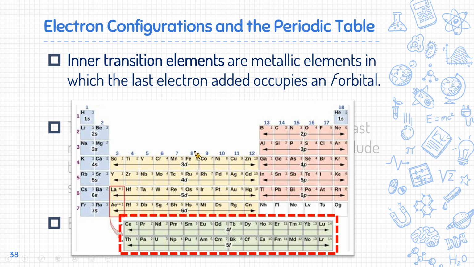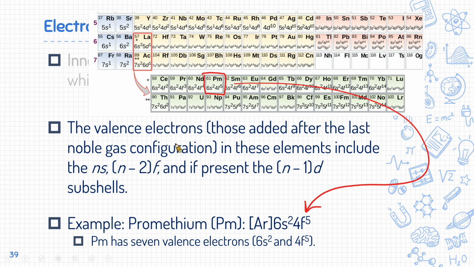The inner transition elements, right here, are metallic elements in which the last electron added occupies an f orbital, here 4f and 5f. The valence electrons of these atoms are those after the last noble gas configuration.